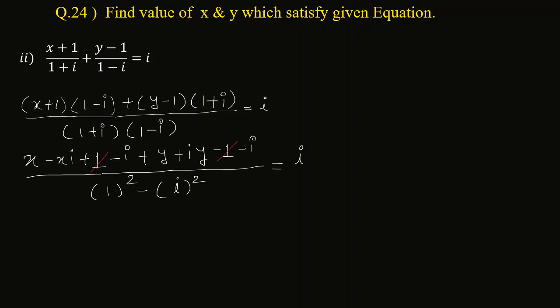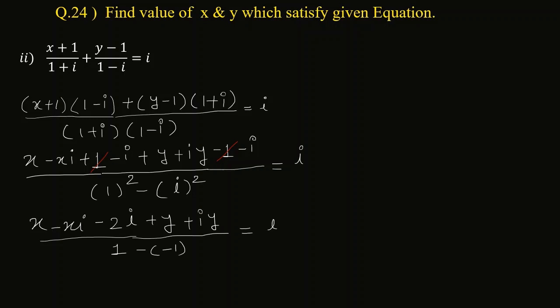After this cancellation, what is left? We write x minus xi minus i, and since minus i appears twice, we write them together as minus 2i, plus y plus iy, whole divided by 1 squared, which is 1, and i squared is minus 1, equal to i.